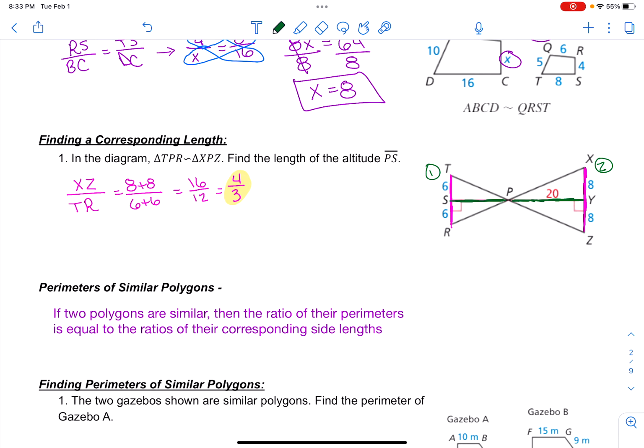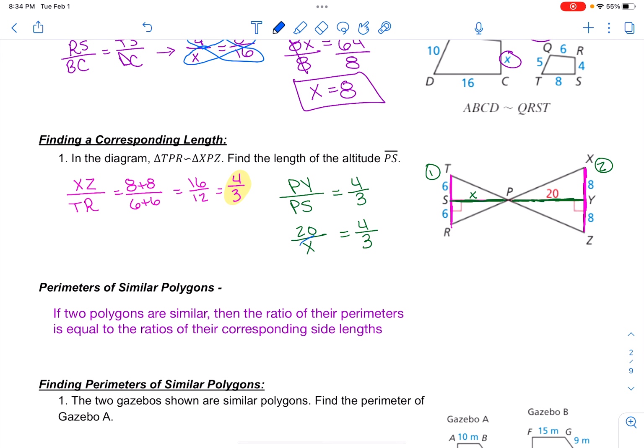Make sure you keep your stuff in the same spaces. So PY to PS, so big triangle to small triangle, triangle 2 to triangle 1, has to be equal to 4/3 because that was the scale factor that we just found. We know that PY is 20, and we're going to say PS is X just because it's a little bit easier to deal with than 2 letters.